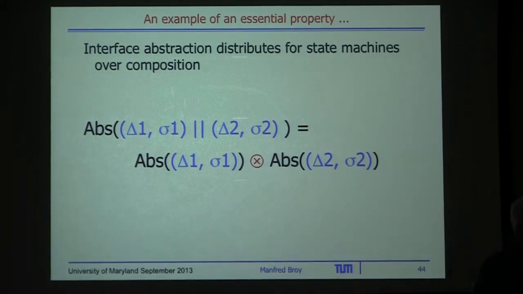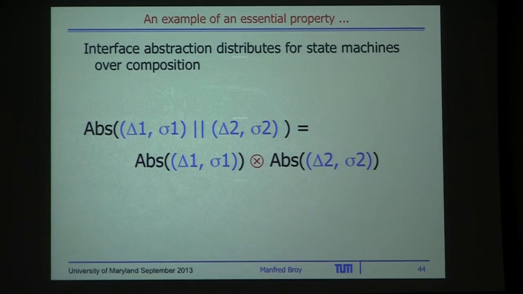Why is it an important property of a modeling calculus? Only if you have that, you are free to decide whether you work at the level of interface descriptions or at the level of state machines. It makes no difference. So it gives you the freedom for engineering.